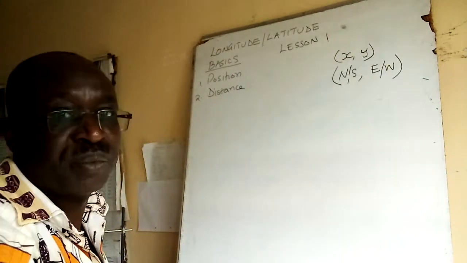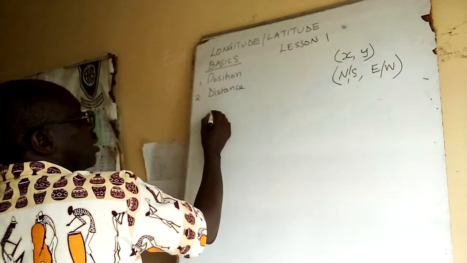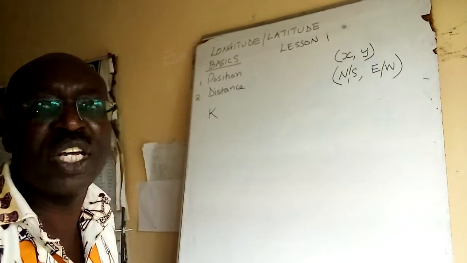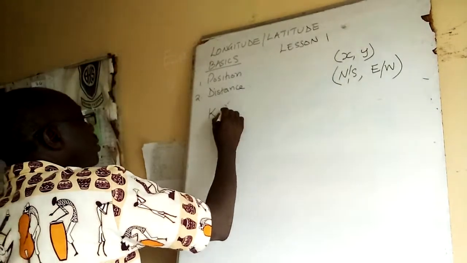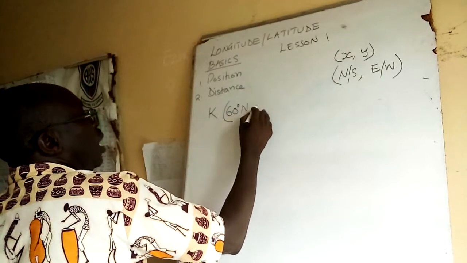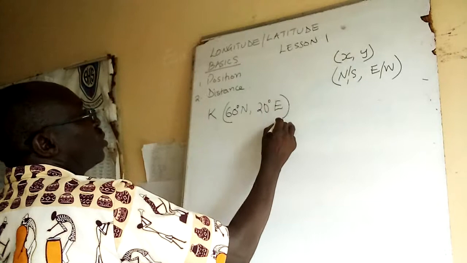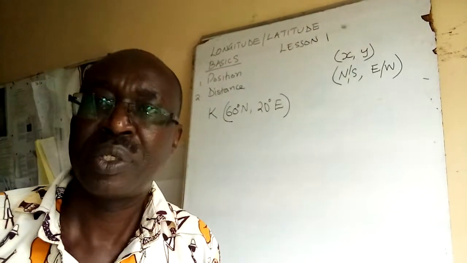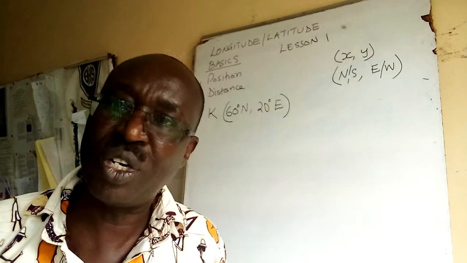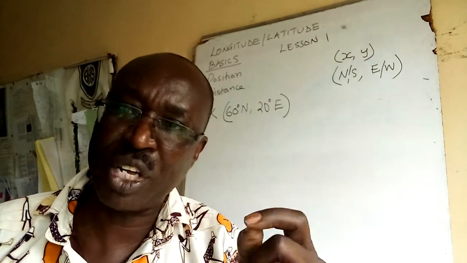For example, we want to look at position K, a town found at 60 degrees north and maybe 20 degrees east. Just like in coordinates, you must get the position of a given point.